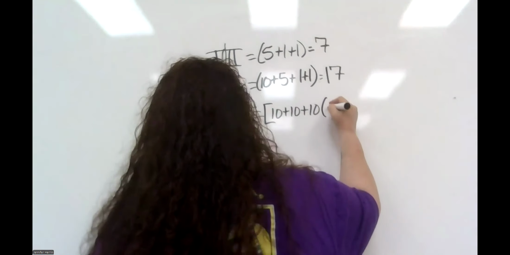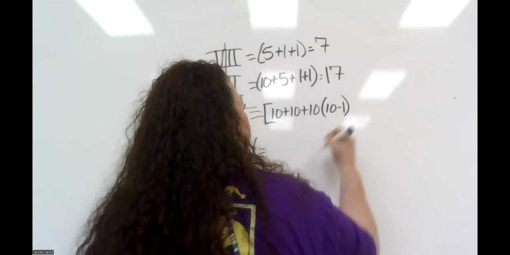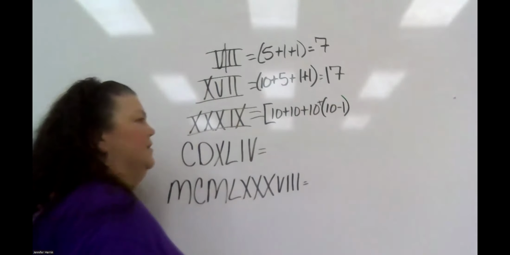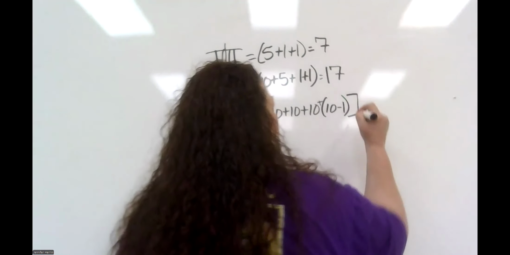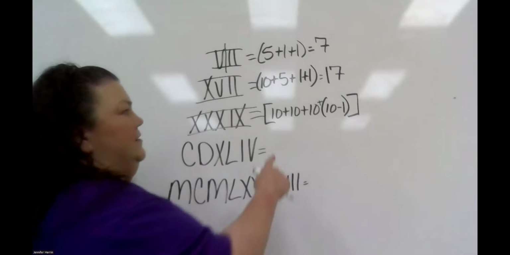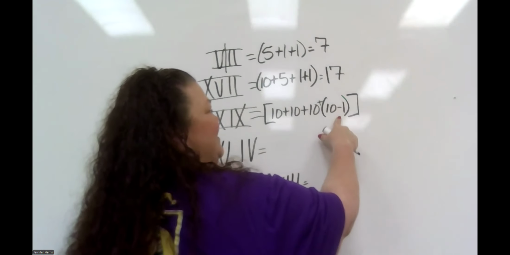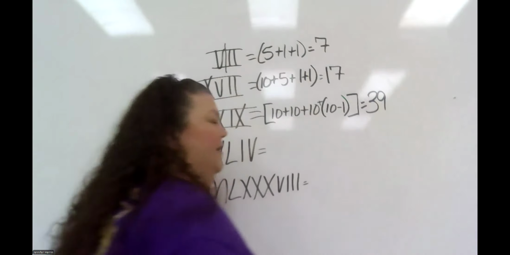So remember, when that happens, I'm going to have to do the subtraction first before I do the addition. So this should actually be a plus there. So if I add that together, I get 10 plus 10 plus 10 plus 9. This is 39.